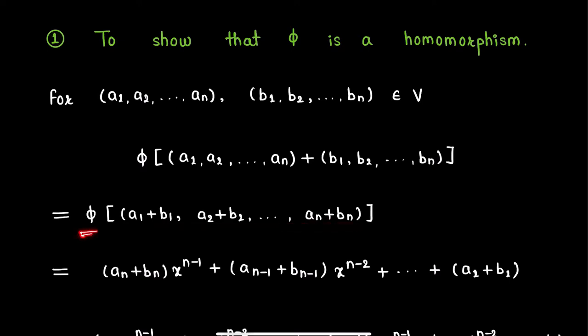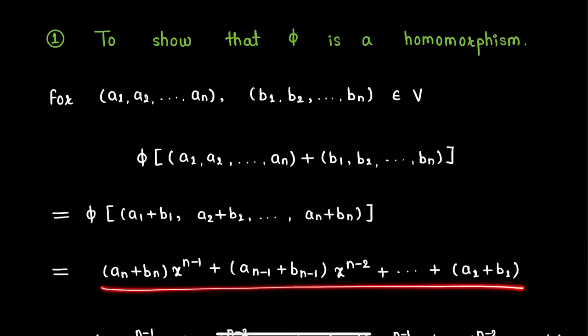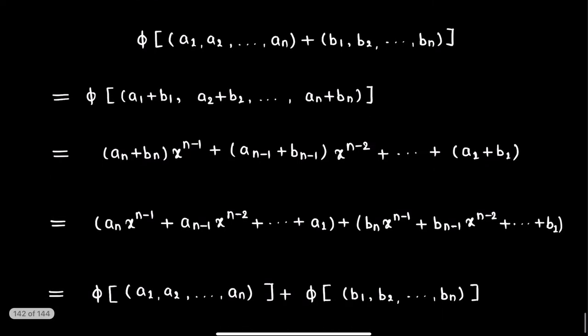Now under phi this ordered n-tuple will get mapped to this polynomial, which is (an plus bn) x to the power n minus 1 plus (an minus 1 plus bn minus 1) x to the power n minus 2 plus and so on plus a1 plus b1.